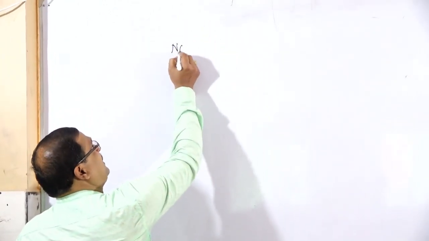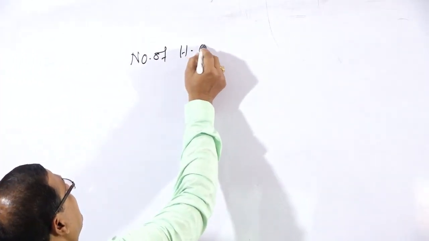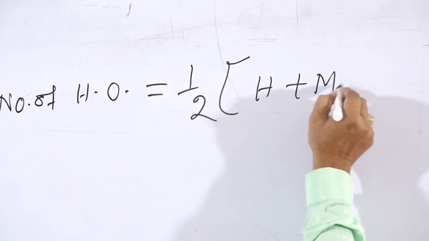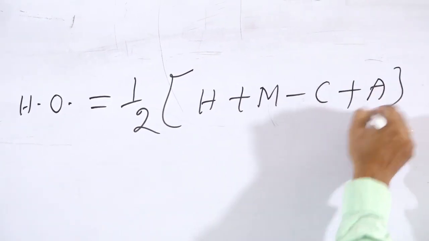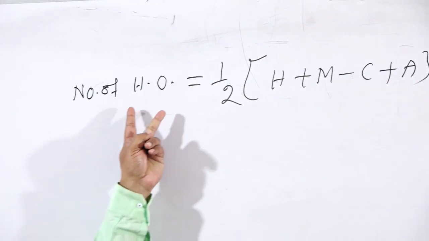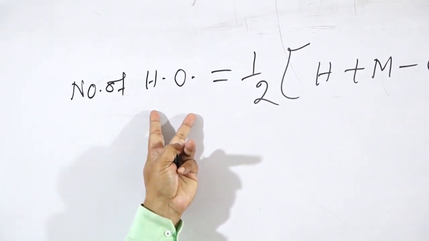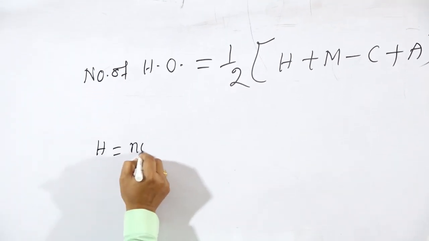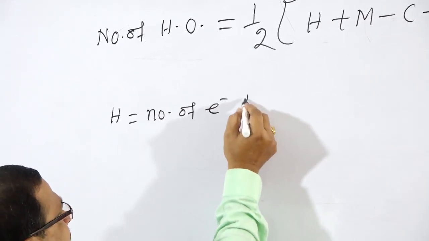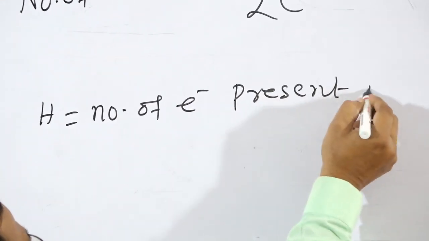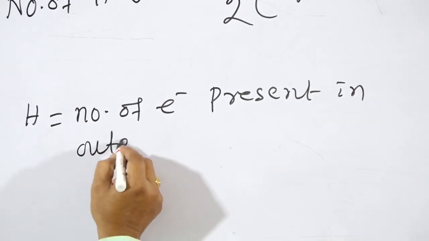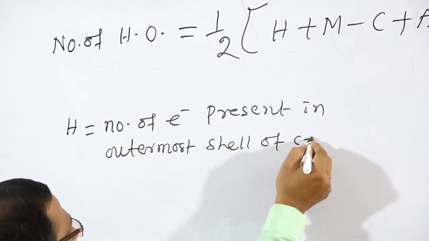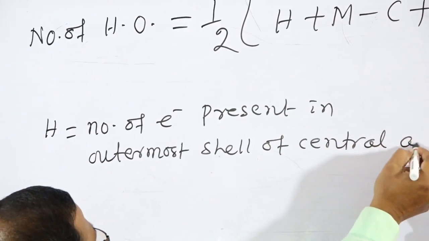Number of hybrid orbitals is equal to half of H plus M minus C plus A. This is the formula to determine the number of hybrid orbitals, where H stands for the number of electrons present in the outermost shell of the central atom.